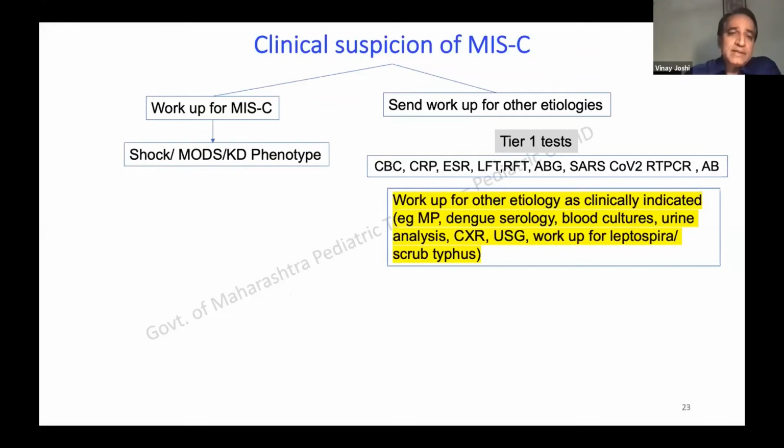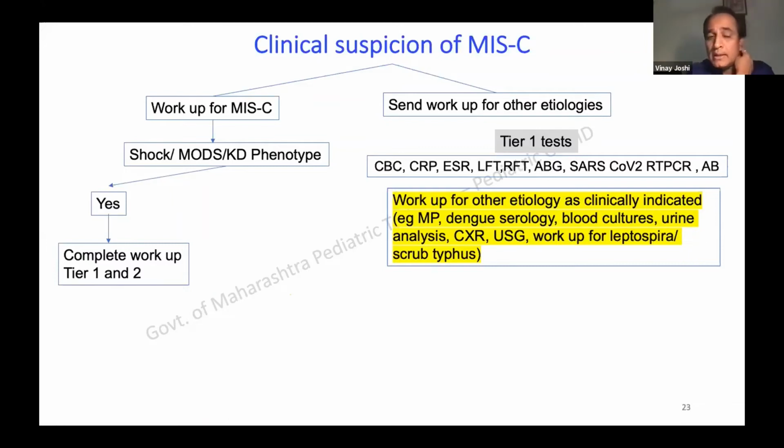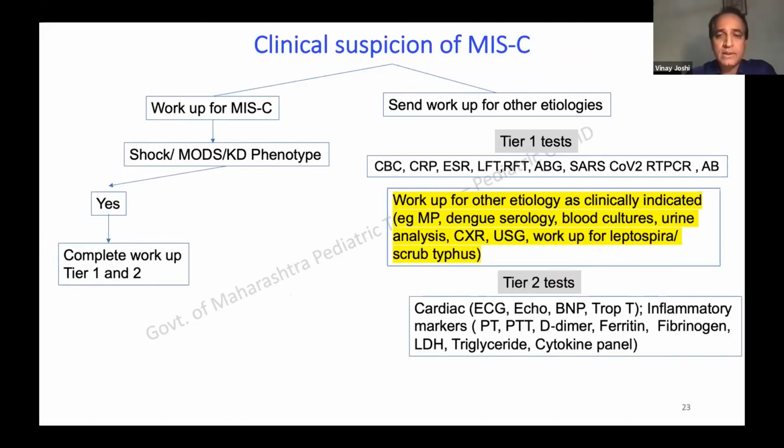If there are definite signs of MISC or the child is severely sick in the form of shock with or without multi-organ dysfunction syndrome, or the child has typical features of a Kawasaki disease like phenotype, then in that case, you have to go with the tier 2 workup along with the tier 1 workup. So we have seen the tier 1 workup. So what is the tier 2 workup or the tier 2 tests?